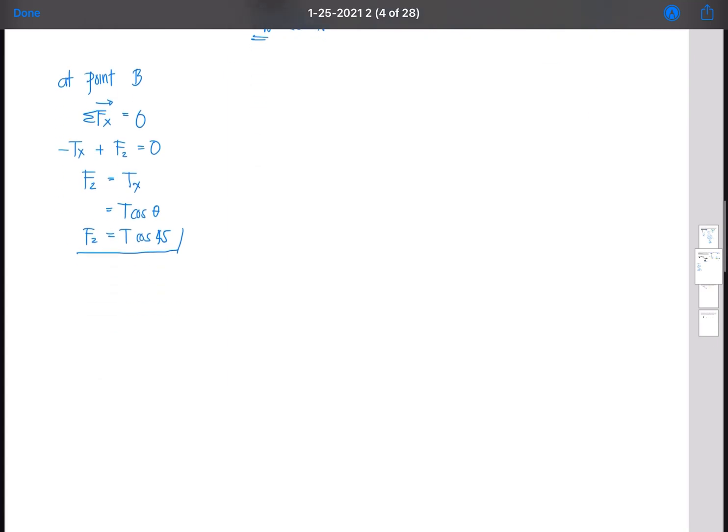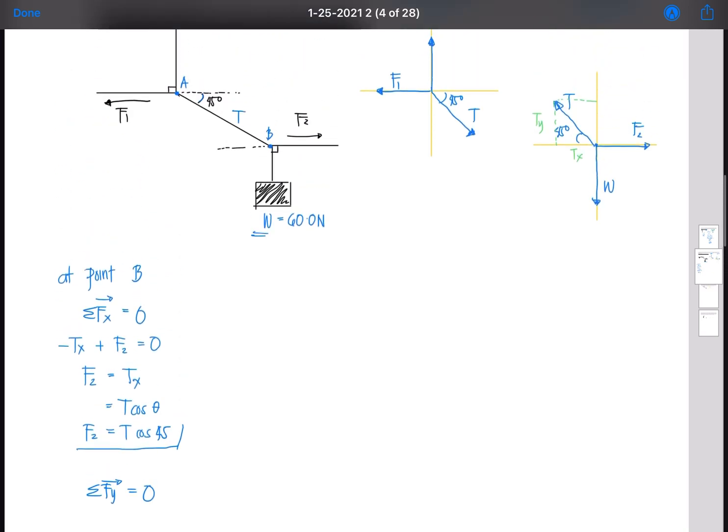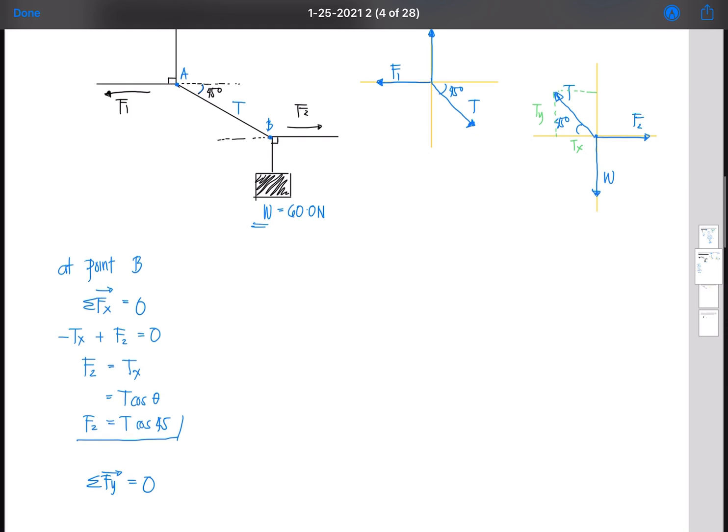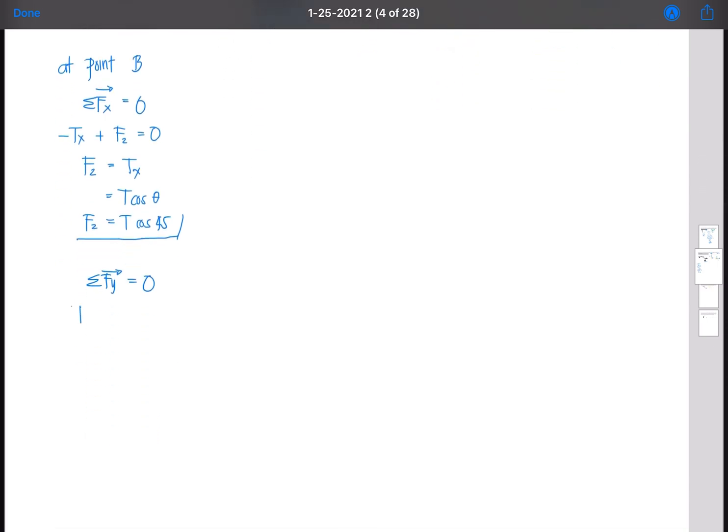Next, the summation of all forces along y should also be equal to 0. What are the forces along y? First, we have Ty, which is directed upwards, so we keep it as positive, minus the weight of the object, which is directed downwards, so negative. Altering the equation, you have Ty is equal to W. Ty is actually equal to T sine theta.